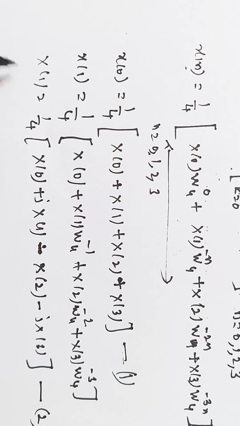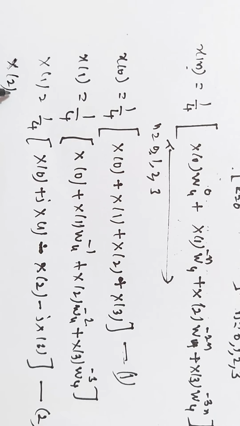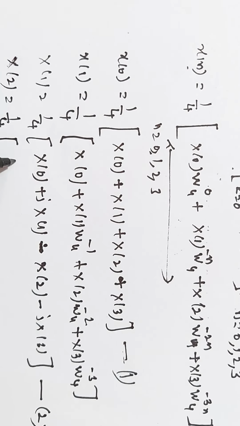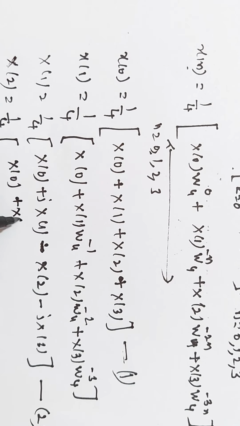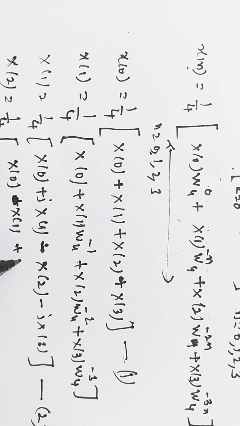So this gives x of 1. Similarly, you can calculate the next point, x of 2, as 1 by 4 times X of 0 plus X of 1, minus X of 1 plus X of 2.